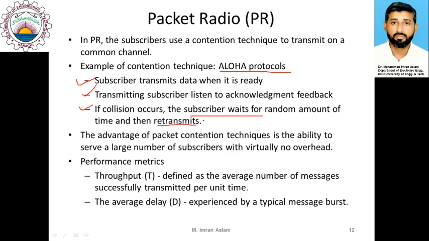And if it does not get the acknowledgement signal, or it gets a negative acknowledgement, it will again wait for a random amount of time and then retransmit. This process will continue until the user gets a successful transmission.